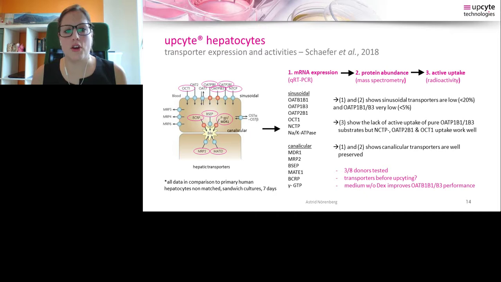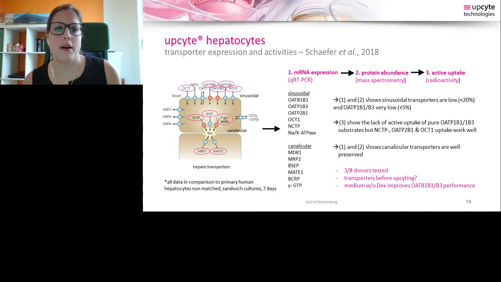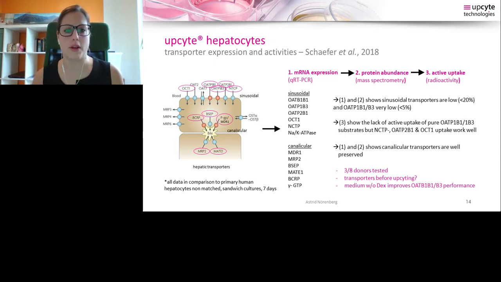On the sinusoidal side, it does not look great. The transporters are quite low compared to primary hepatocytes, and for example, OATP1B1 and 1B3 are very low. So they also show a lack of active uptake through those transporters, but the active uptake, for example, for NTCP, OCT1, and 2B1 worked quite well.